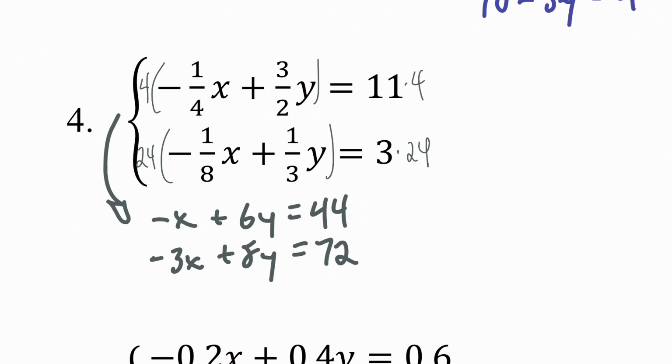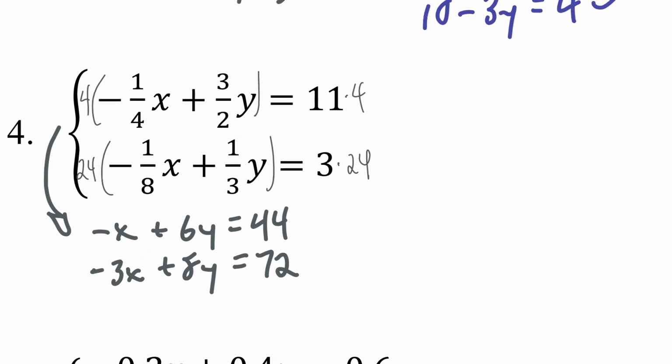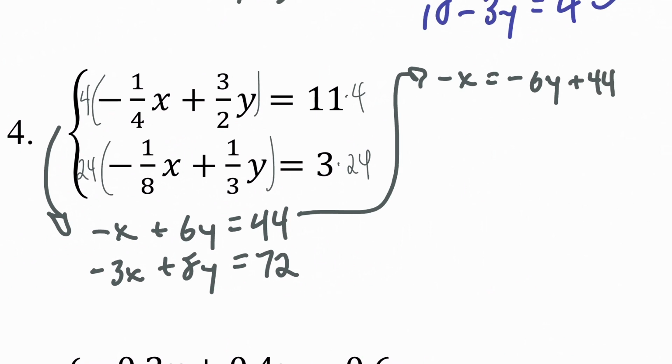I'm going to isolate x in that first equation. So I'll bring that up here. So negative x equals negative 6y plus 44, because I subtracted 6y on both sides. And then I'll take that equation and divide by negative 1 on both sides. So x equals 6y minus 44.